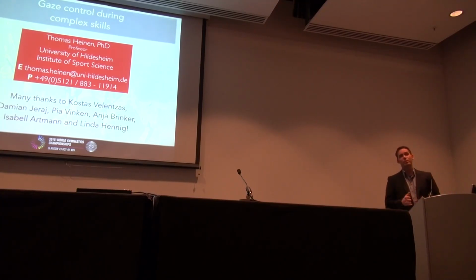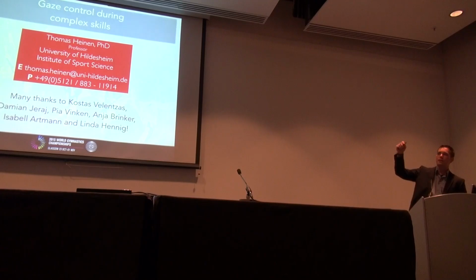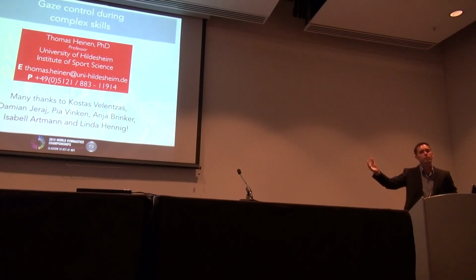Yeah, that is a very good question. I would be so happy to do some research on that. We just had one bachelor thesis, and what he did was painting lines on the distant wall, and in one condition the lines showed slightly to the left side, in another condition the lines showed slightly to the right side, and what gymnasts were asked to do was just run towards this wall, perform a forward somersault.